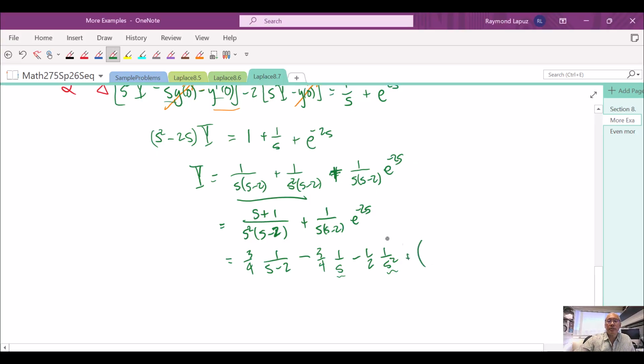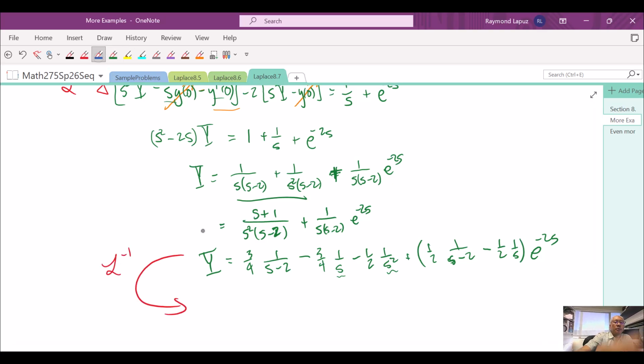So these things are going to be with the exponential function, which means it'll transform back with a unit step function. 1/2 1 over s minus 2 minus 1/2 1 over s. And this is e to the negative 2s. All right, I think with that, we should be ready to transform back into the real world.